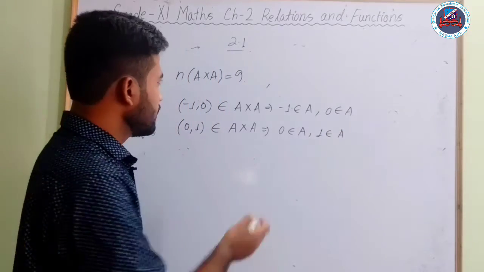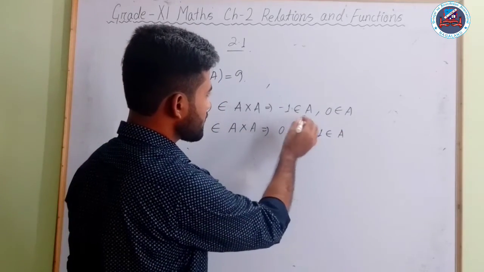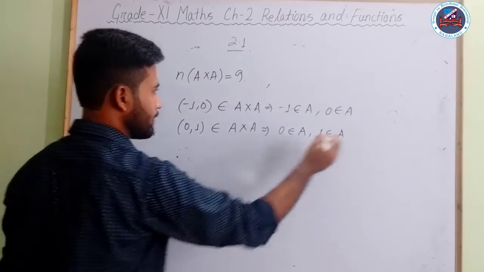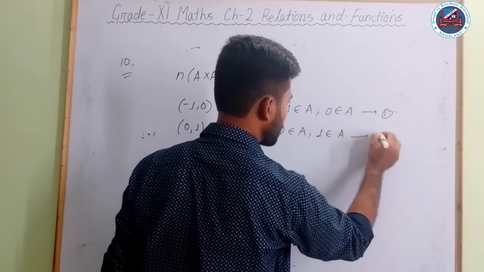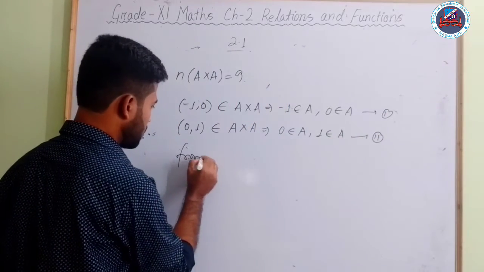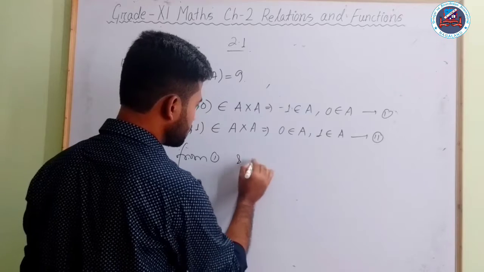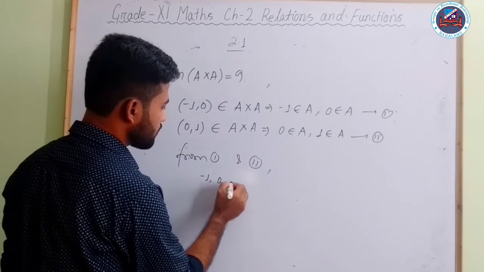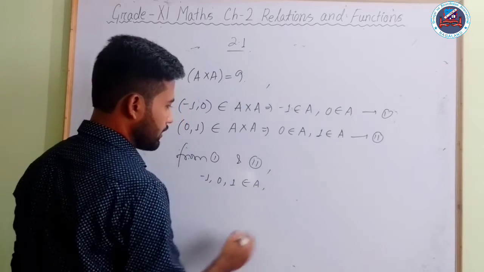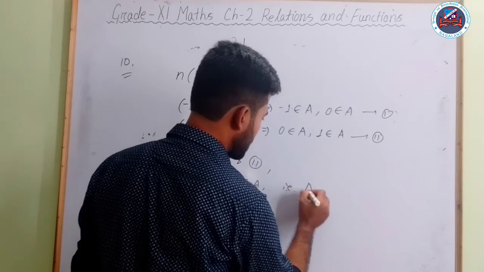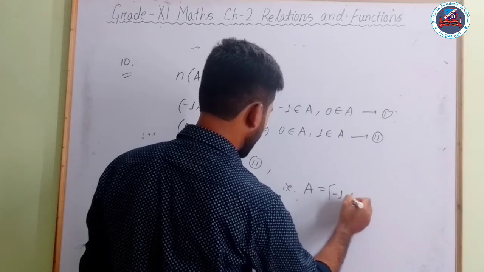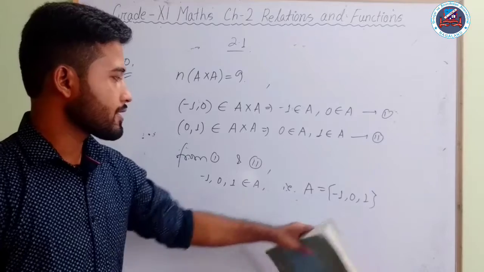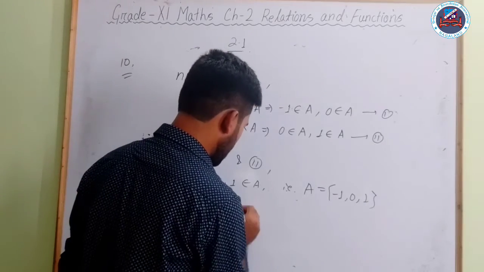Fine. So here we can see that since all the A's are same, what can we conclude? If I take this as equation 1 and this as equation 2, from 1 and 2 we get that -1, 0, 1 belong to A. That is, in other words, I can write A is the set {-1, 0, 1}. So if this is the set, then what will be A cross A?